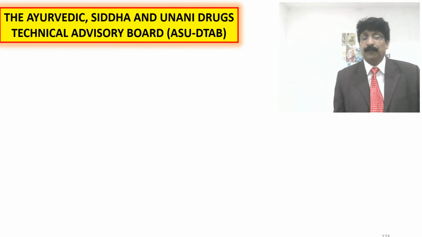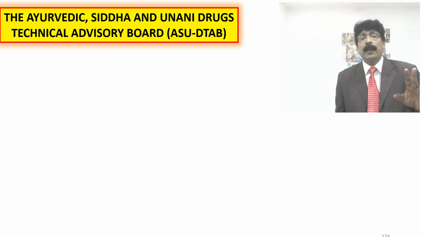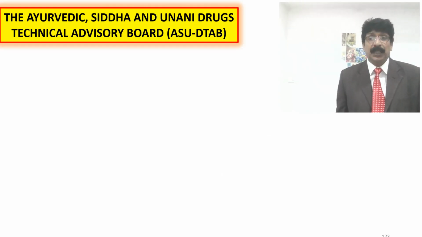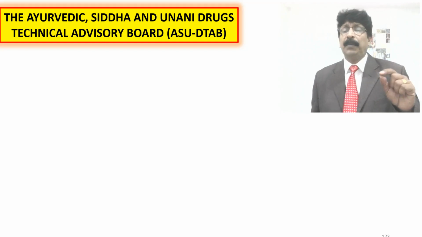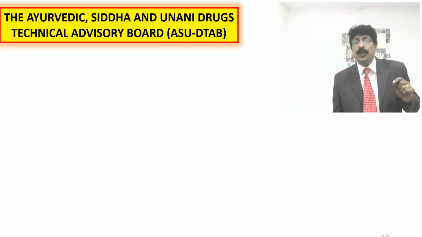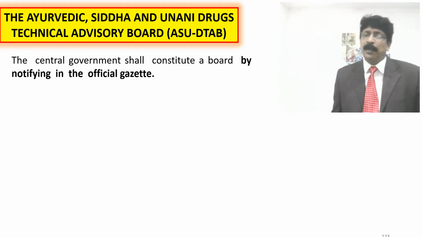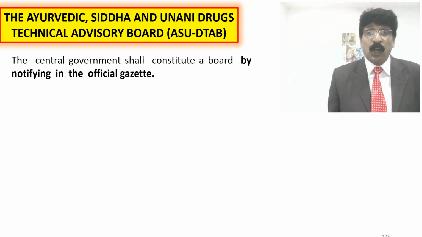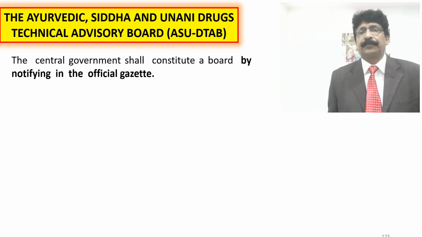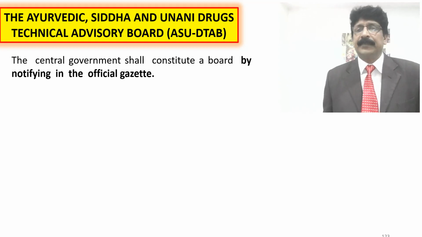The first topic is the Ayurveda, Siddha and Unani Drugs Technical Advisory Board, and the abbreviation is ASU DTAB. The central government shall constitute a board by notifying in the official gazette. Notification in the official gazette is needed.